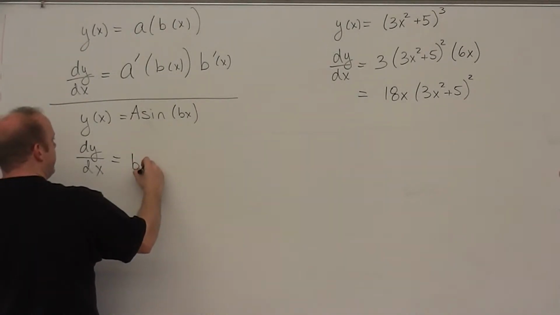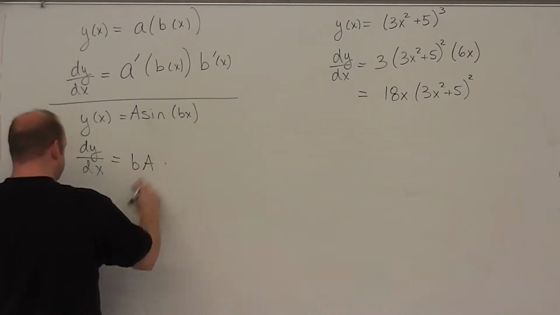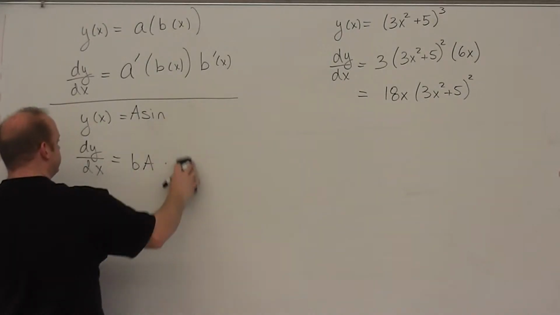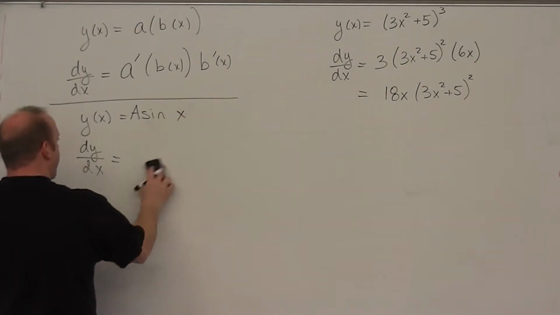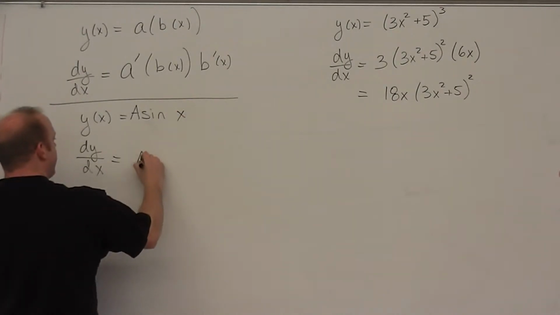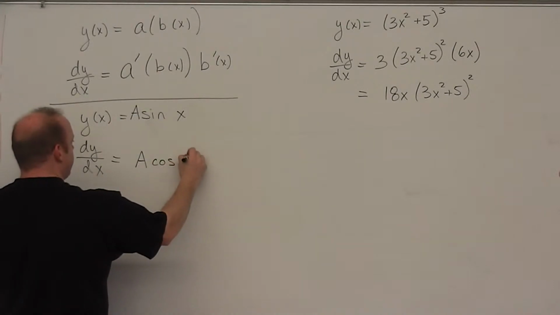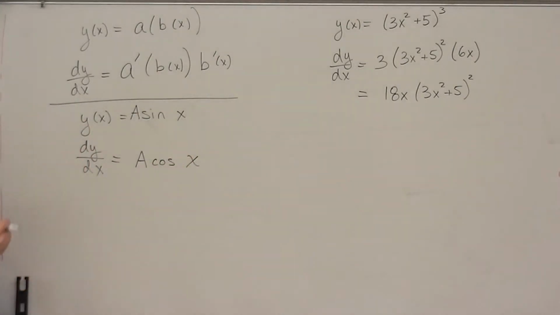So now, this is going to be b times a. Let's do this. For a sine of x, the derivative is going to be a cosine of x. So it's a general and a specific kind of put together.